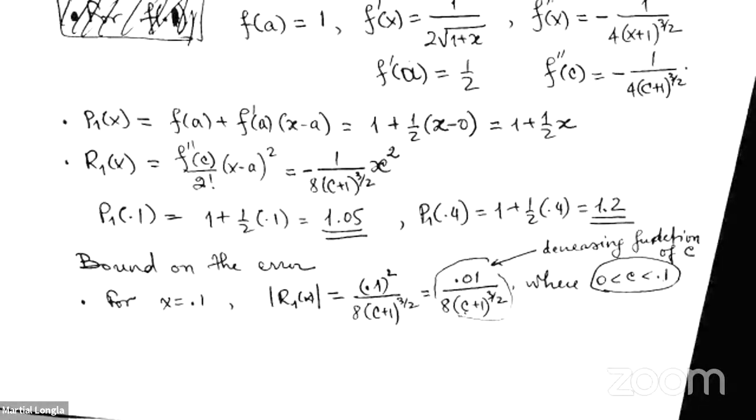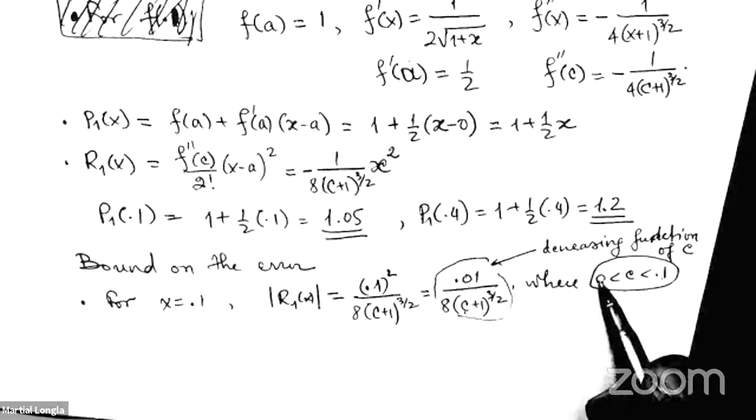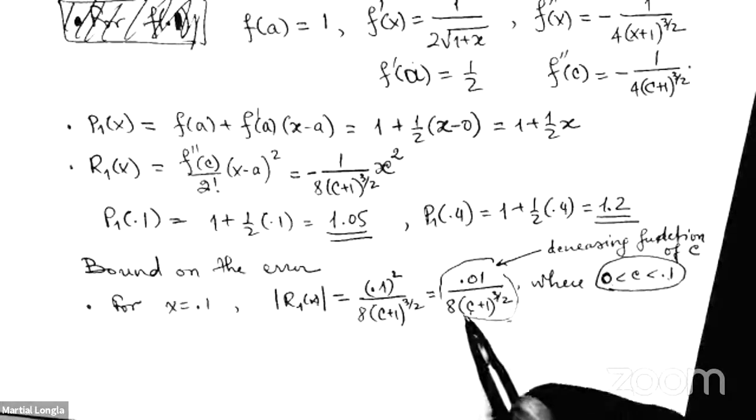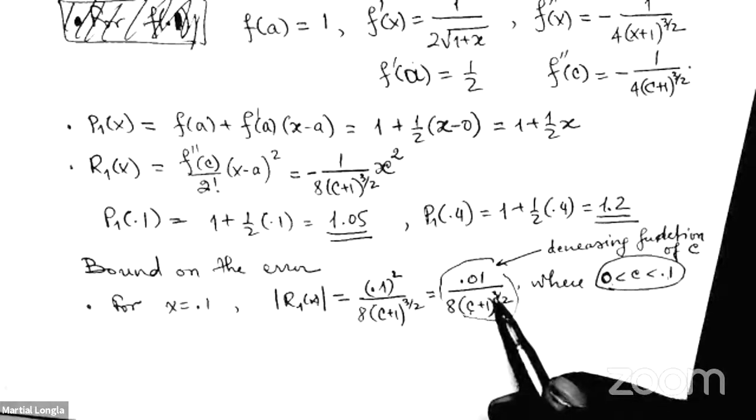And because it is a decreasing function of c, we are going to plug in the smallest possible value of c to find the upper bound on this. So it's always going to be about your knowledge of the function that you get right here to find what the upper bound is.